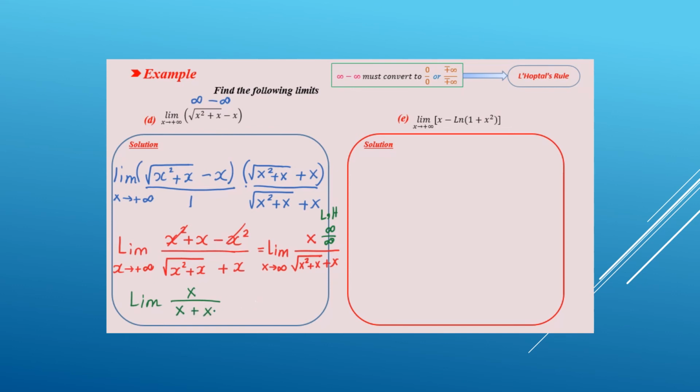Because we have the same highest powers, you have to add them when x goes to positive infinity. So we have limit x over 2x when x goes to positive infinity. Then cancel x with x, you will get 1 over 2.